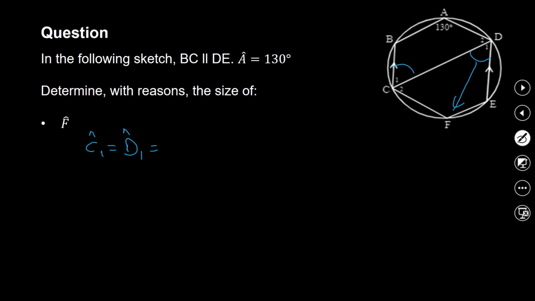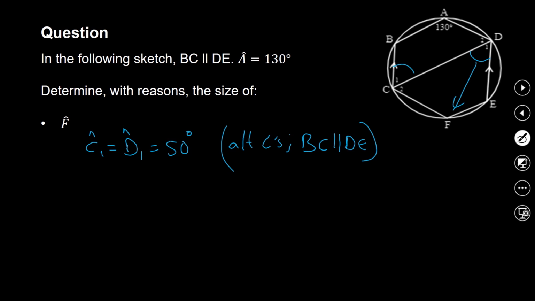And this is equal to 50 degrees. The reason for this will be alternate angles. Remember, for you to say alternate angles, you must also state which lines are parallel. That's because BC is parallel to DE, right? I know that.